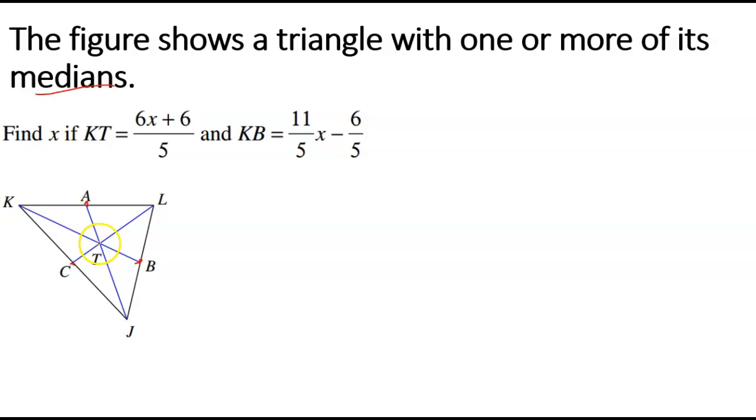KT is 2/3, and then KB is the whole thing. So we can say KT is 2/3 of KB.